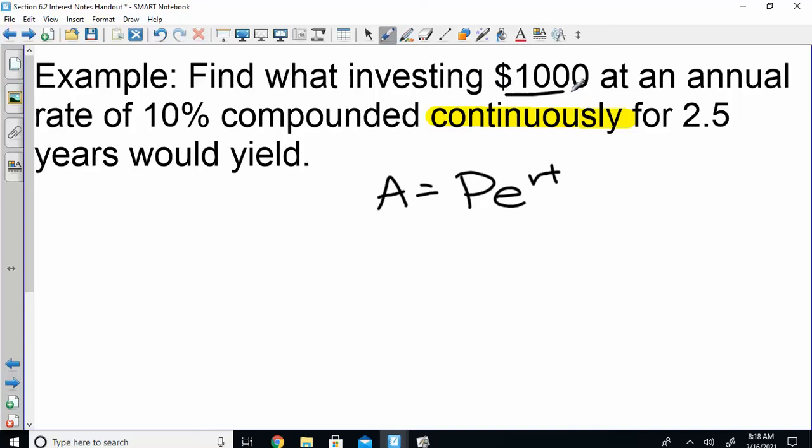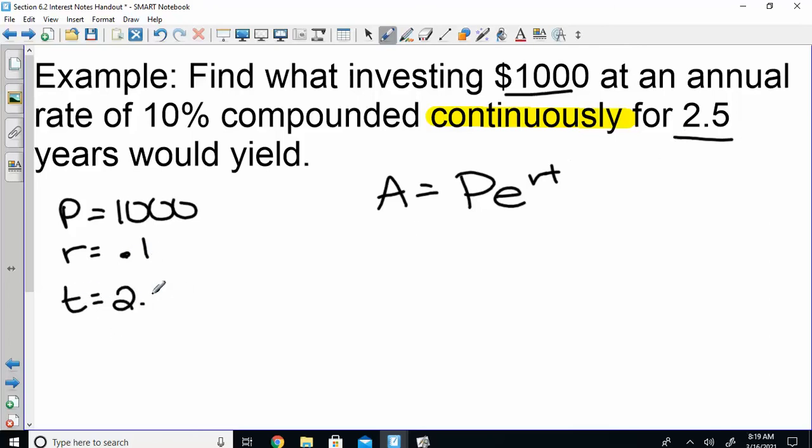Okay, what is the $1,000? That's our P, that's what we have right now. My rate, 10%, would be 0.1. 2.5 years is my time, and we are trying to find what we have in the future, so we're looking for the A.